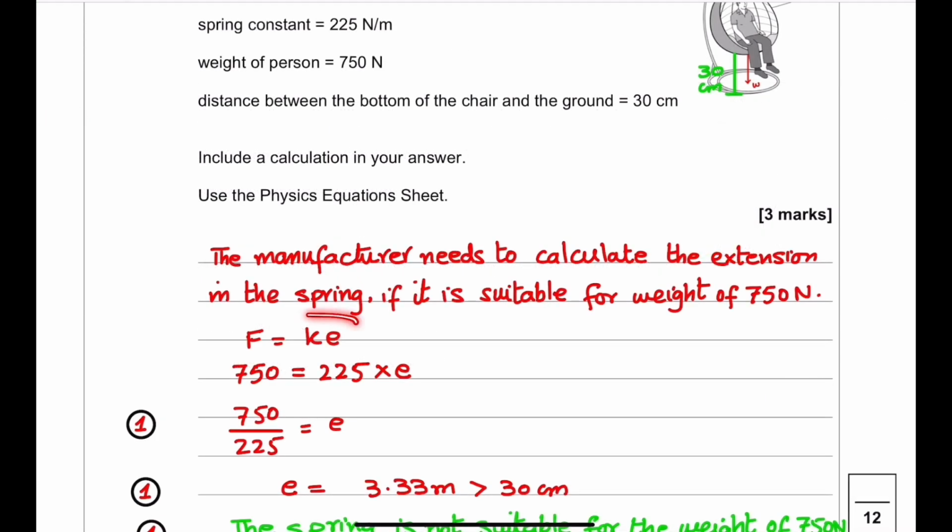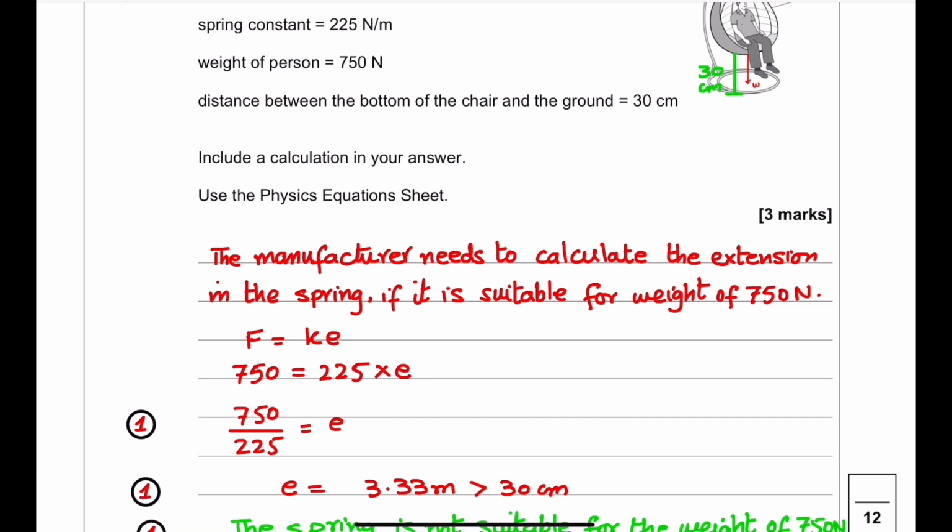We know that force is equal to ke. The man has a weight of 750 Newton. Spring constant value is given in the formula, 225, and the value of e is calculated. With the help of the calculator, we can find that when a person has a weight of 750 newtons and spring constant value is 225, the extension will be 3.33 meters.